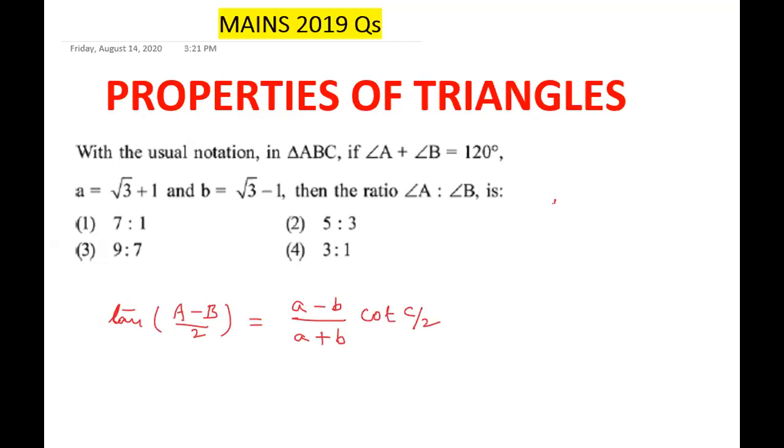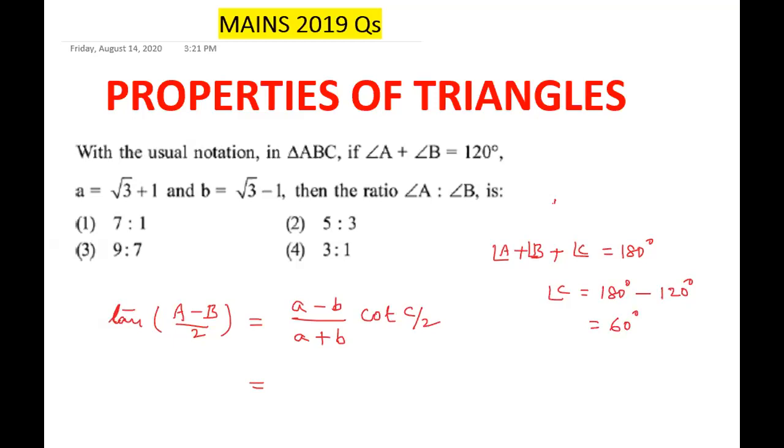But we know that angle A plus angle B is 120 degrees. Now in a triangle, angle A plus angle B plus angle C is 180 degrees. So what is angle C? 180 minus (angle A plus angle B), and angle A plus angle B is 120 degrees, so 180 minus 120 is 60 degrees. Now small a value, small b and capital C value, substitute here.